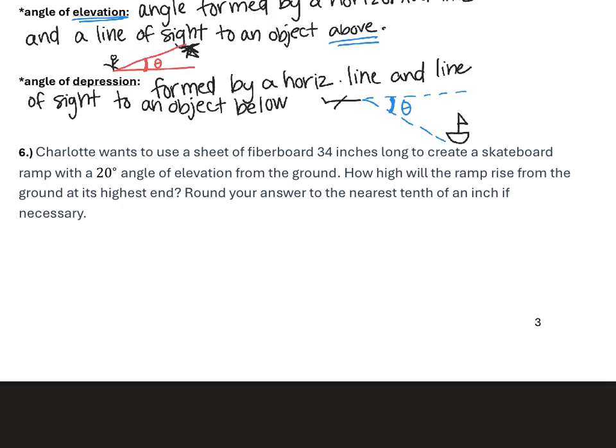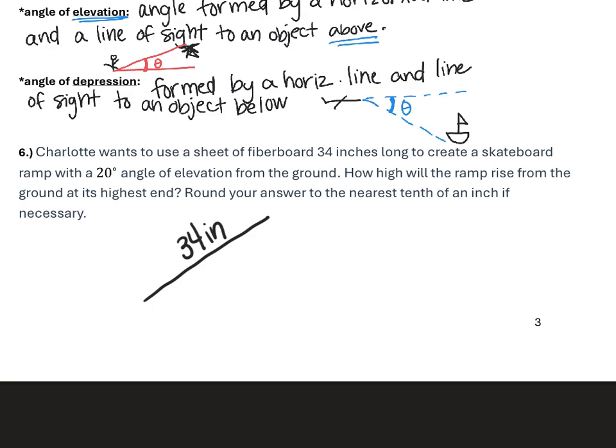It says Charlotte wants to use a sheet of fiberboard 34 inches long to create a skateboard ramp with a 20-degree angle of elevation from the ground. How high will the ramp rise from the ground at its highest end? Round your answer to the nearest tenth if necessary. So draw it. If we draw it, we know that her board is 34 inches long.